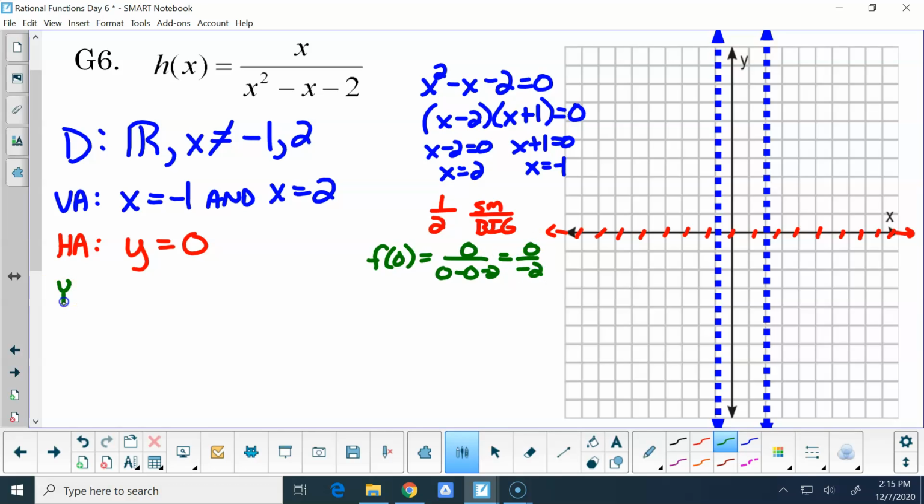So my y-intercept is (0, 0). X-intercept: numerator equal to 0. So my x-intercept would also be the origin.